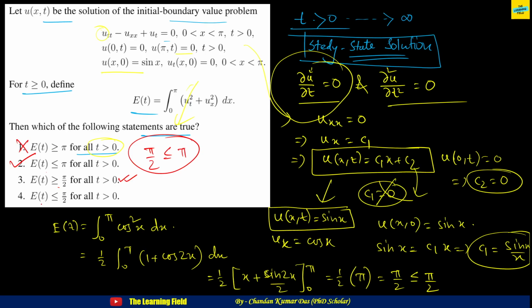And E(t) is less than or equal to pi by 2; yes, this is also a correct option. Therefore, three options are correct.